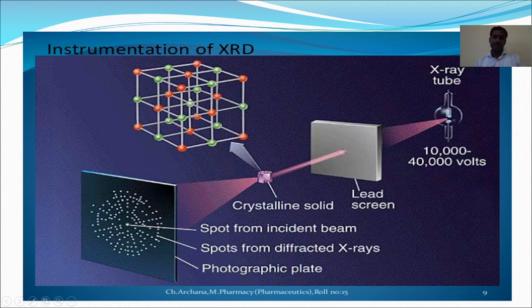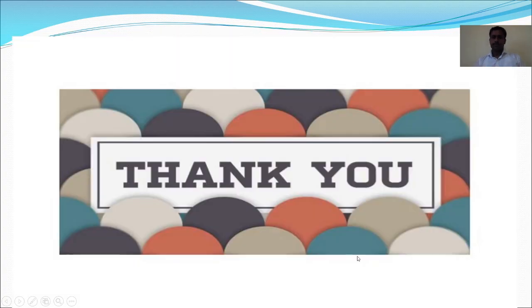Whenever X-rays pass through the crystal, the crystal acts as a diffraction grating, and the X-rays are diffracted. After that you get a diffraction pattern on the photographic plate. The central spot indicates undiffracted rays, and the points shown on the photographic plate are called diffracted points. By knowing the position of the spots, we can get information about crystals. Thank you.